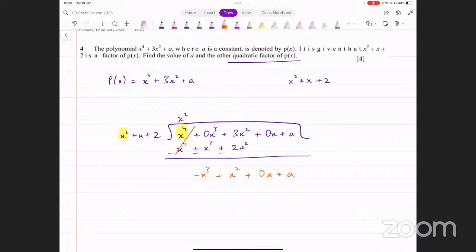What do you multiply x squared by to get minus x cubed? Now you have to multiply it by minus x. All right. Minus x into this whole thing. That gives you minus x cubed minus x squared minus 2x.